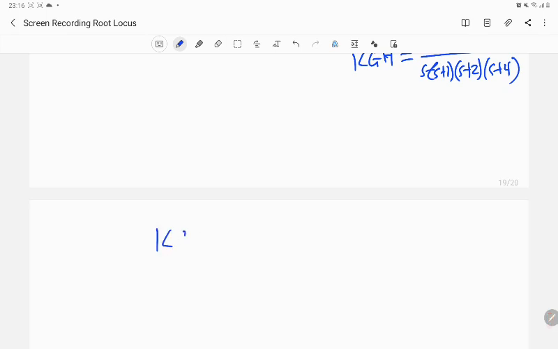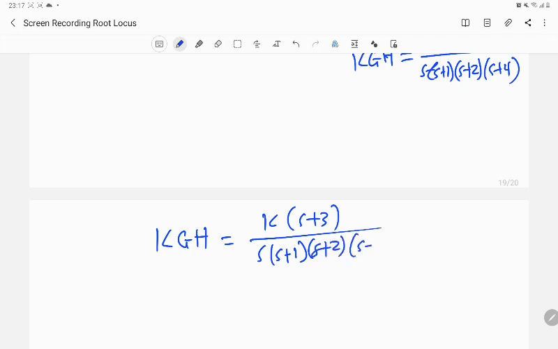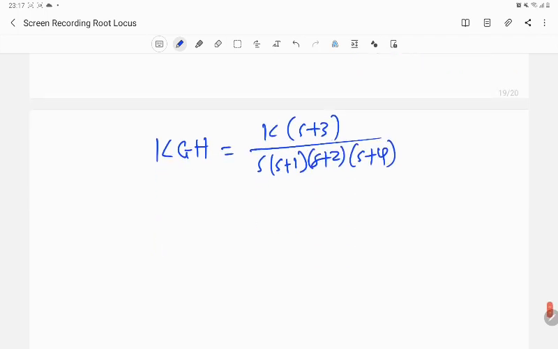So we have been given KGH equals K(s + 3) over s(s + 1)(s + 2)(s + 4). So first, we have to find our poles.